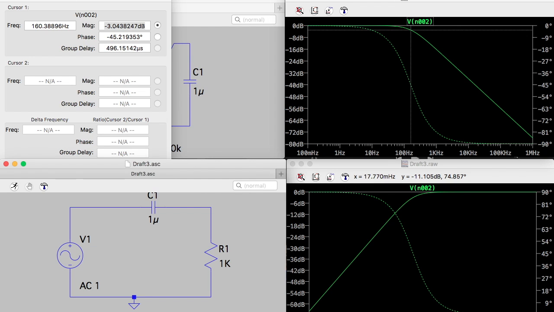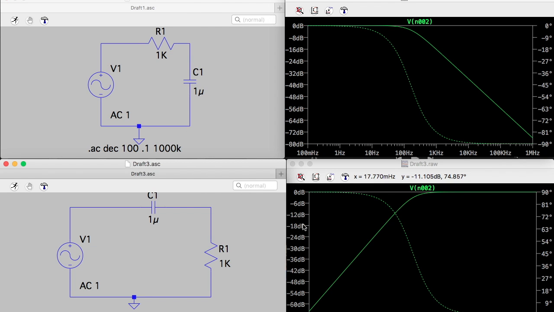Next, if we go ahead and look at the high pass filter, we saw that at low frequencies there was no output, and we would expect it to increase at 20 decibels per decade.